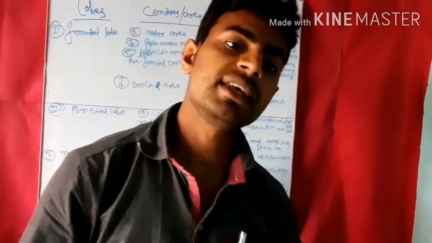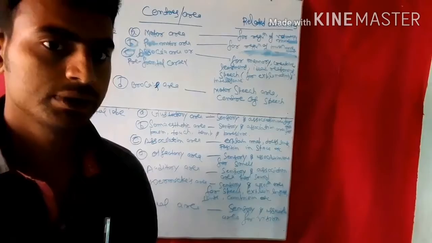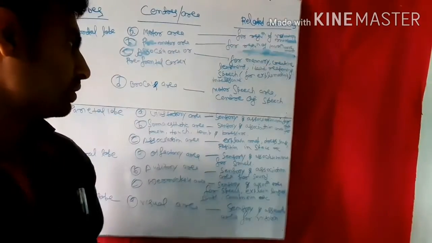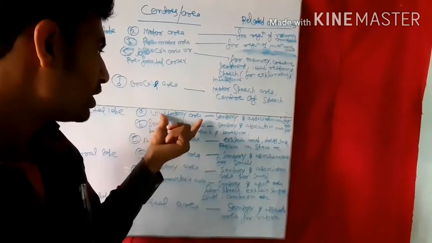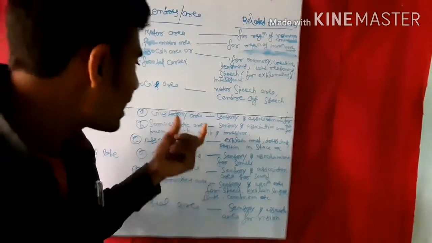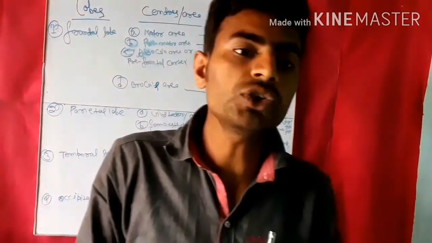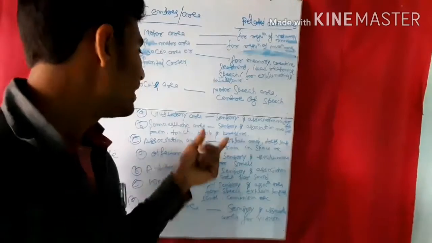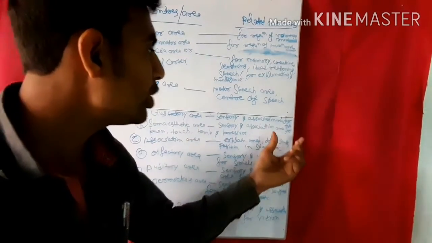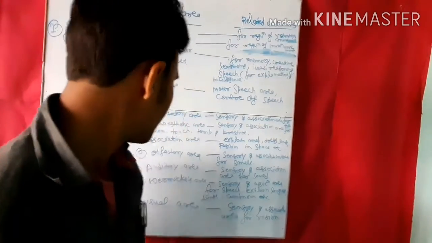Sensory means sensing something, and association for taste. These are the related activities of the gustatory area.